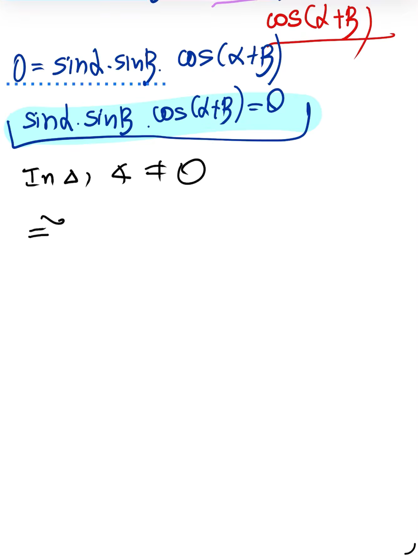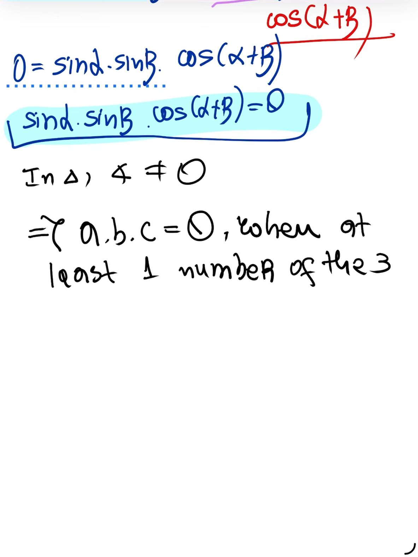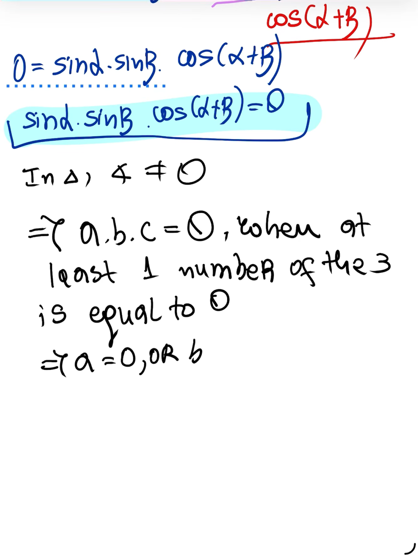Therefore, A times B times C is equal to 0 when at least one number of the 3 is equal to 0. Therefore, A is equal to 0 or B is equal to 0 or C is equal to 0. Yeah, this is a well-known fact.